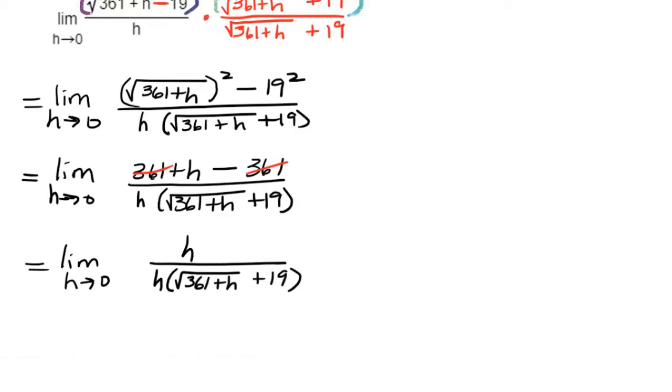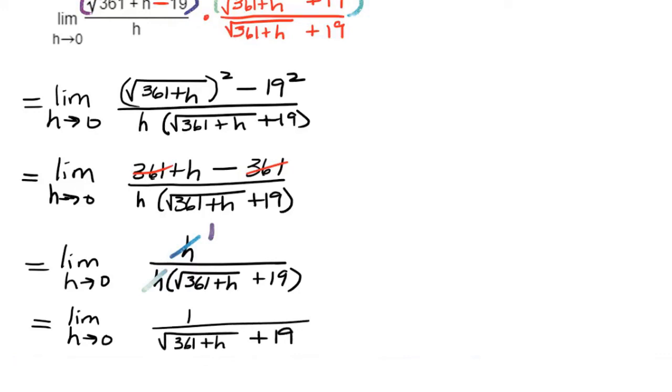We have a factor of h that divides into a factor of h, so that leaves a factor of 1.